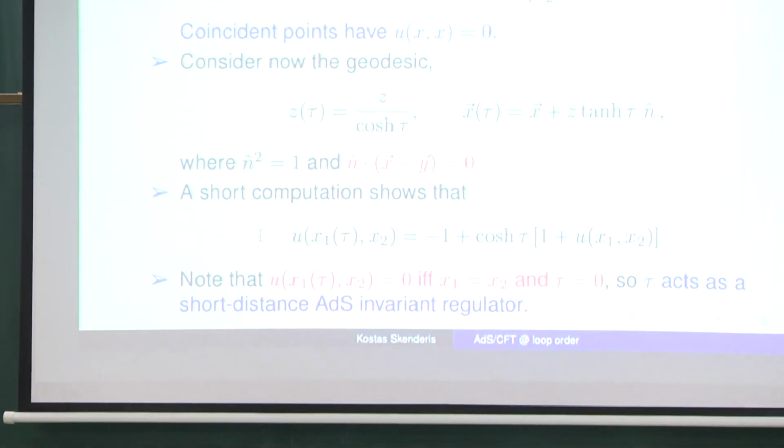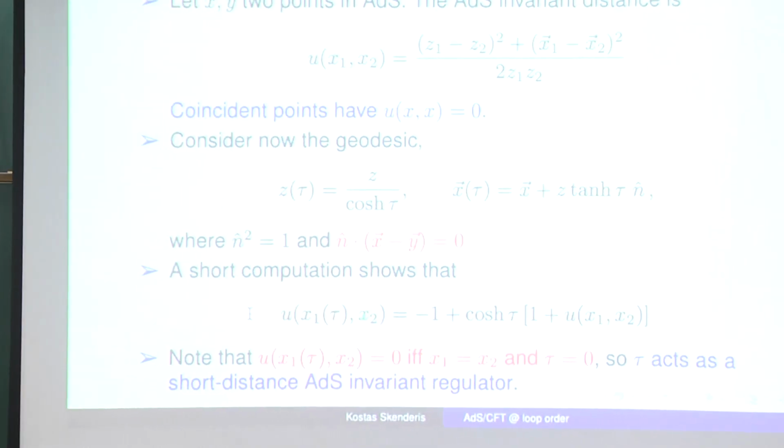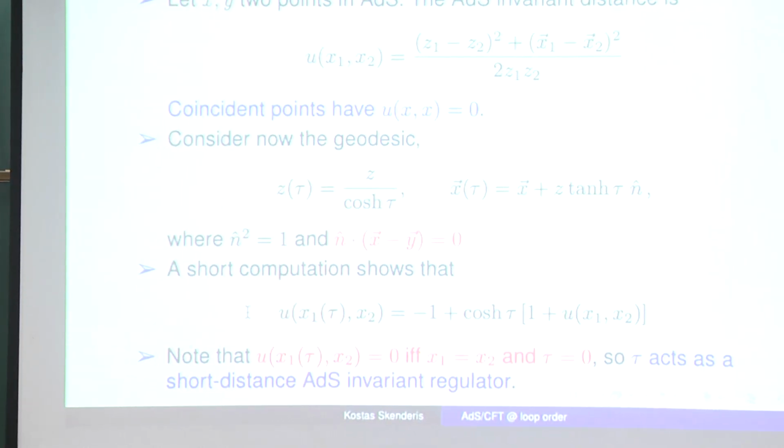So the u of the displaced x1, x2 is given as a function of the original u. Now this u was invariant under AdS scalings, which means that this distance here is also AdS invariant.